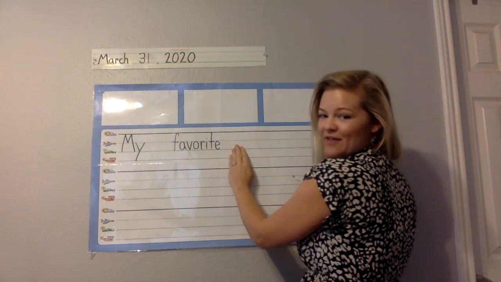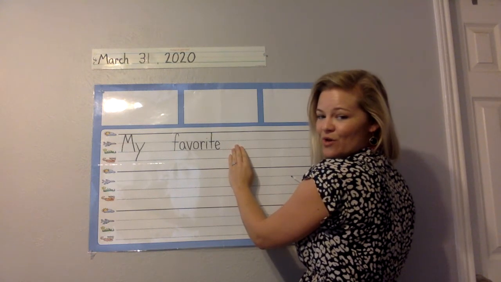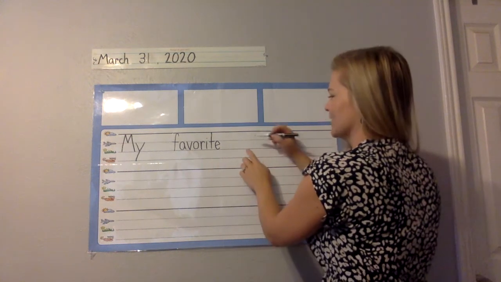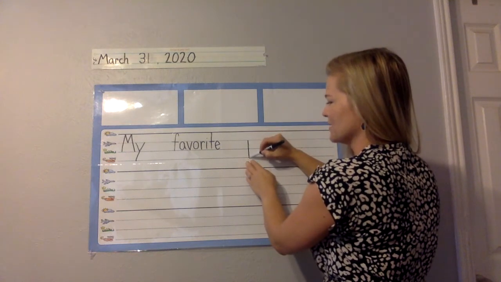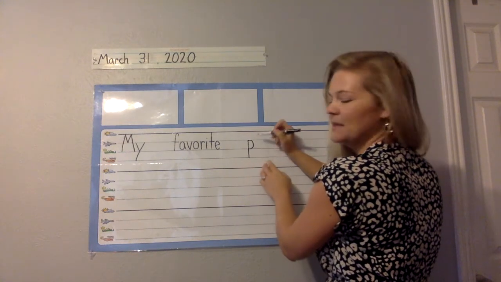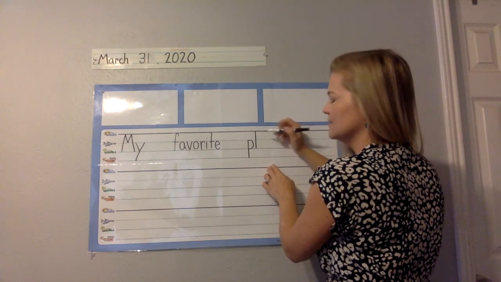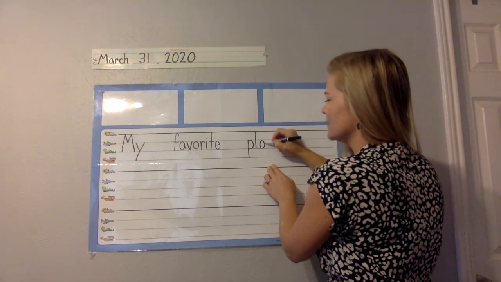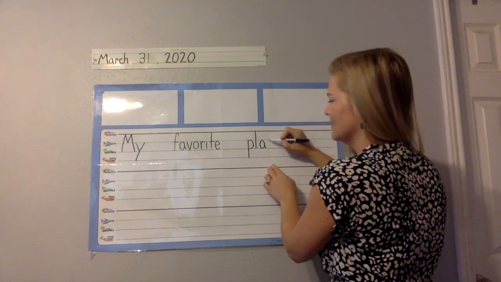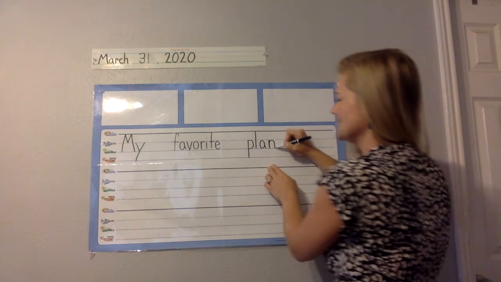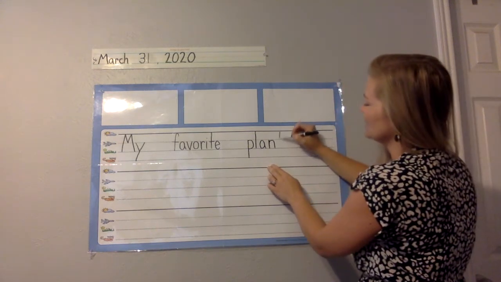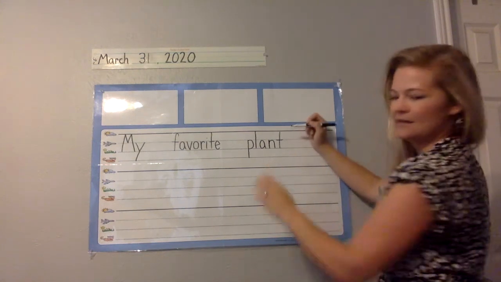We're going to do another space because I'm starting a new word. My favorite, okay, it's a lowercase p, a lowercase l, a lowercase a, a lowercase n, and a lowercase t.